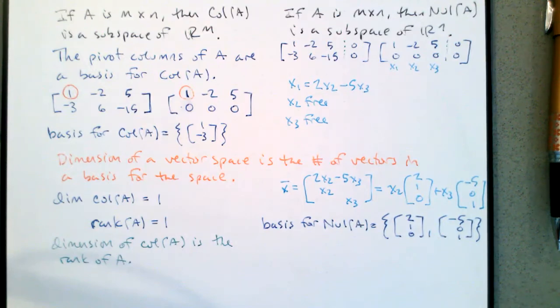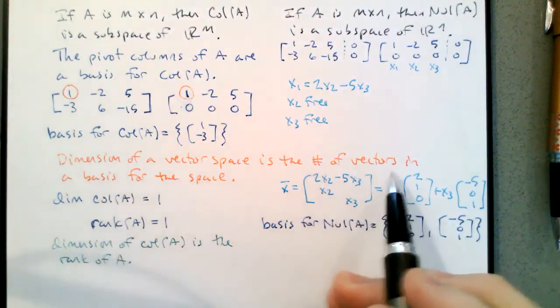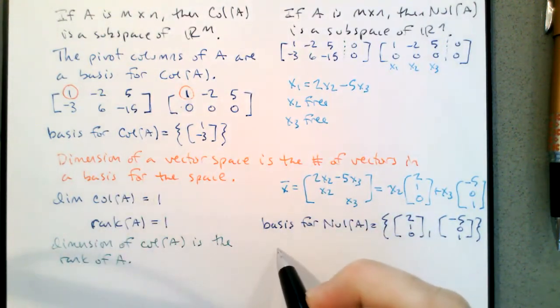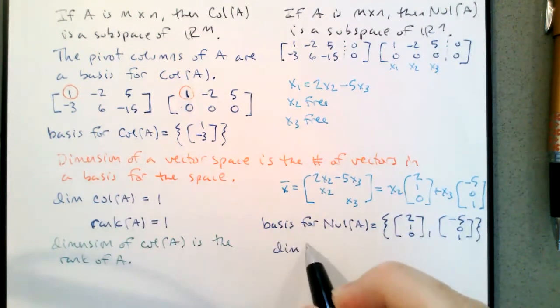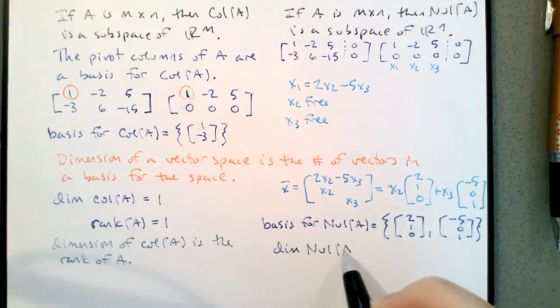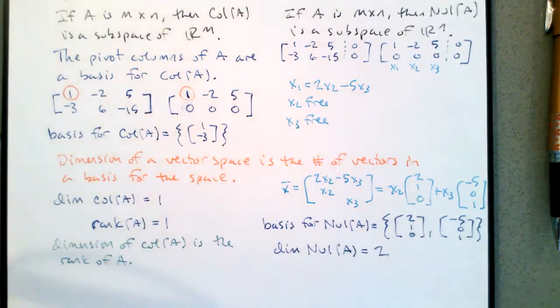Notice that A is 2 by 3. So the column space is a subspace of R2, and the null space is a subspace of R3. In this case, we'll notice that the dimension of the null space of A is equal to 2, because the dimension of a vector space is the number of vectors in a basis for the space. So the dimension of the null space of A is 2.